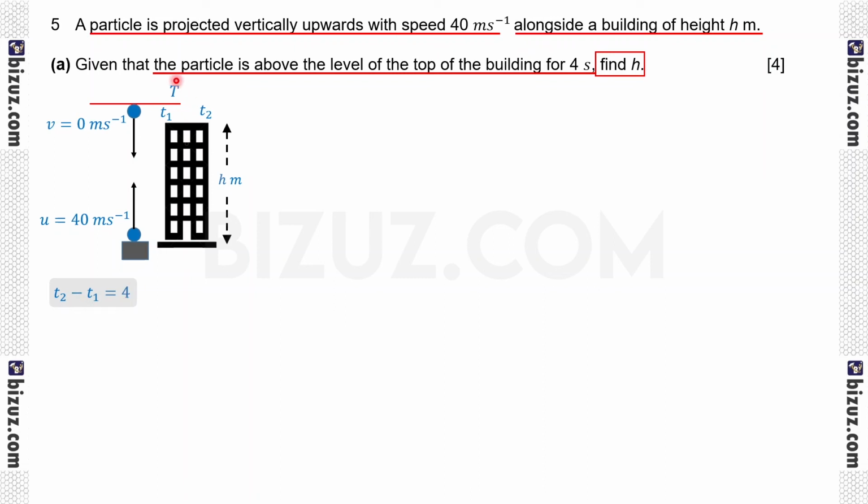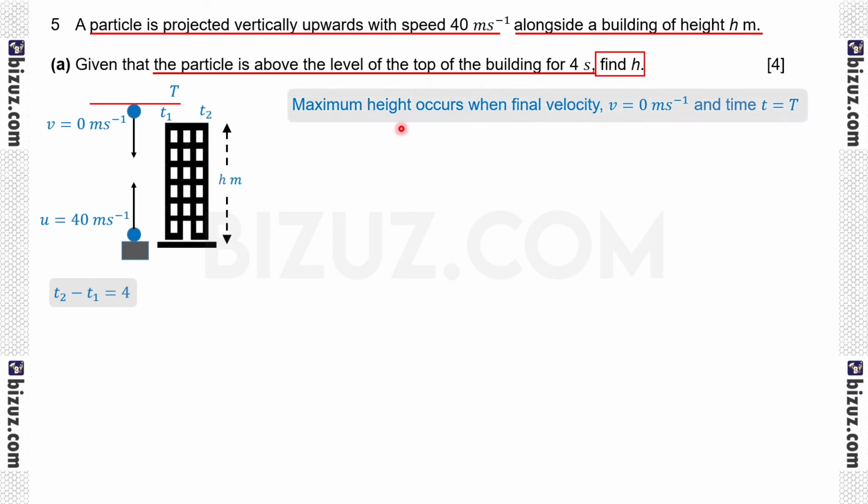Now we can first find the value of capital T, which can be found by using v equals to u plus at. Now the v is the final velocity. So we know that maximum height occurs when the final velocity v equals to 0 and time t equals to capital T for this case. Now we can use the formula v equals to u plus at to find the value of t.